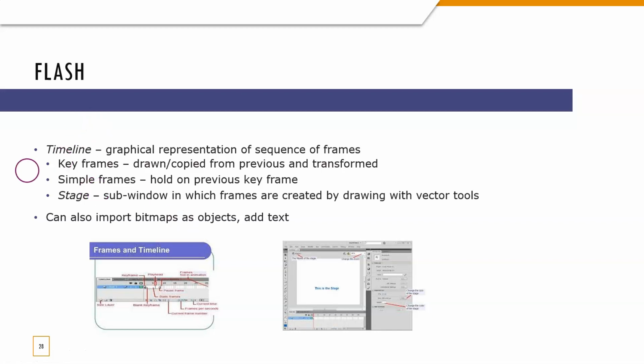Then you have the simple frame, which is each frame in the timeline, and the stage, the white area here, where you can see what you have drawn in each frame. You can also import bitmaps as objects and add text to include in your animation timeline. We will learn that in detail in our tutorial session.